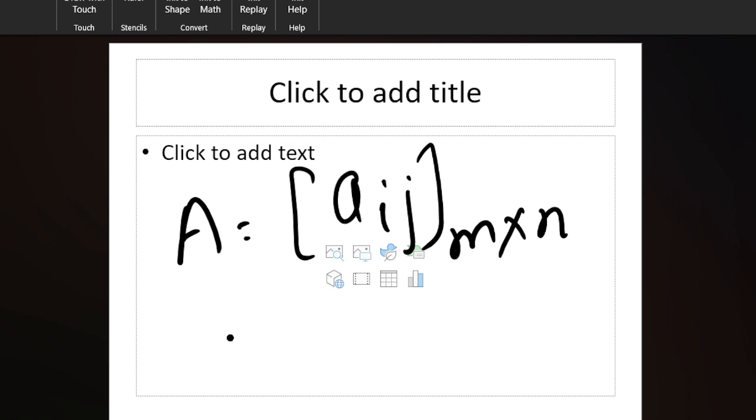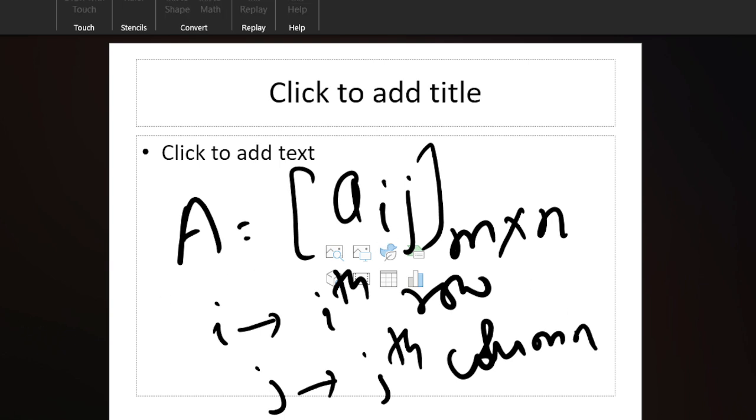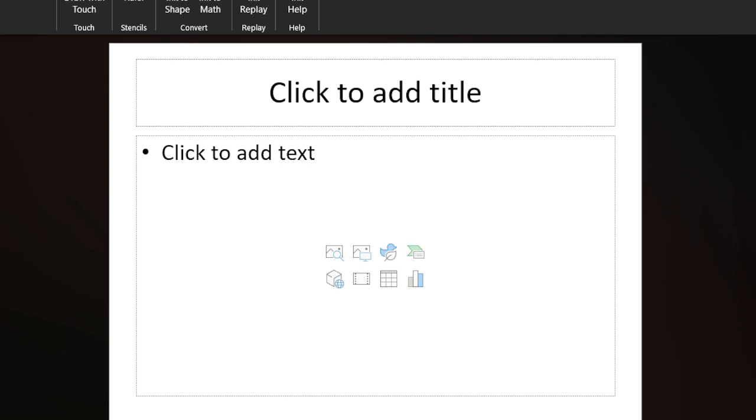Here i denotes the ith row and j denotes the jth column. So Aij means the element belongs to the ith row and jth column.